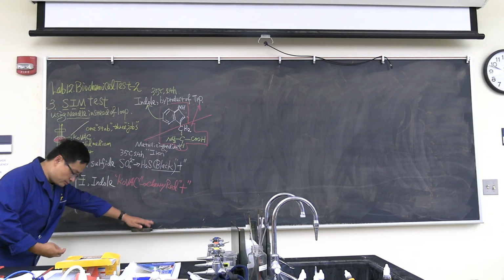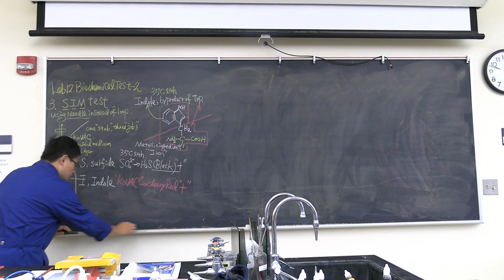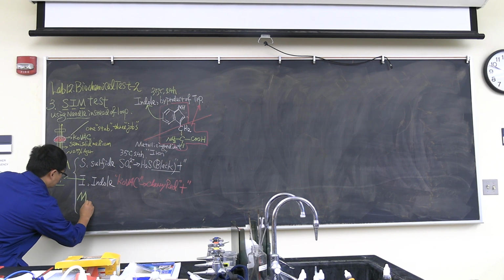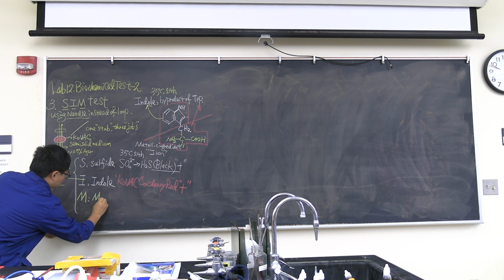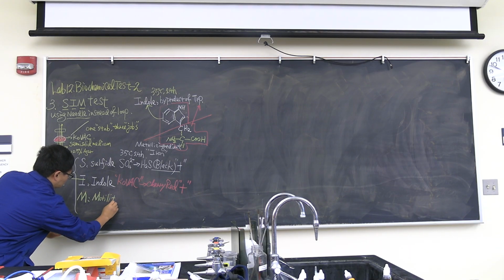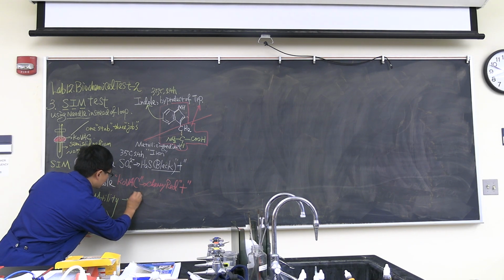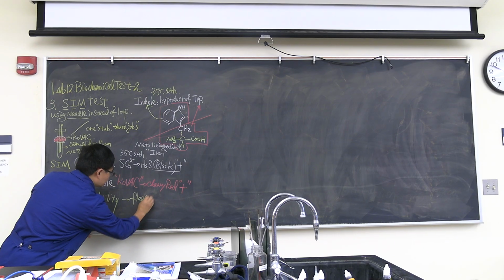Now, what does M mean? You should know what M means. Motility. How do we know bacteria has a strong motility? Bacteria need to have flagella.